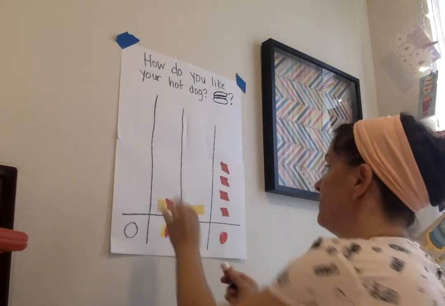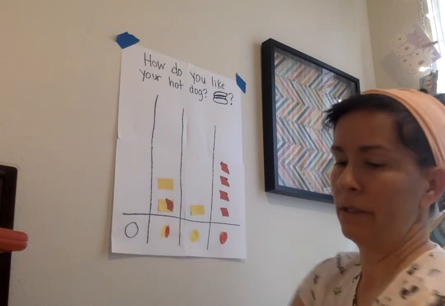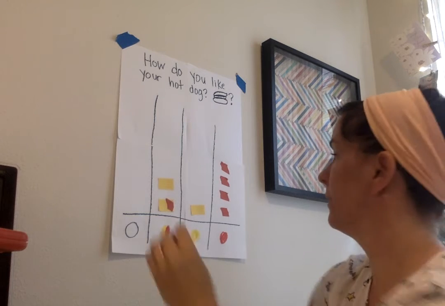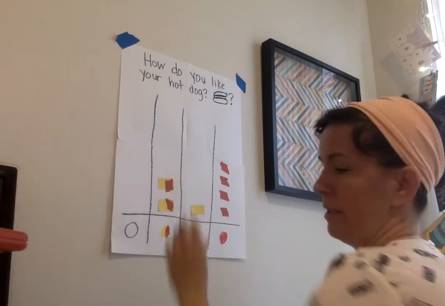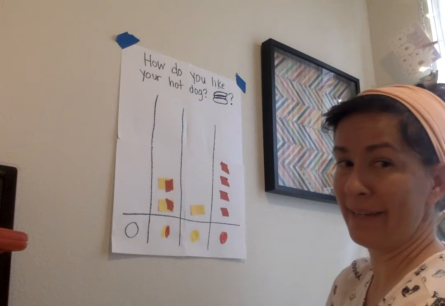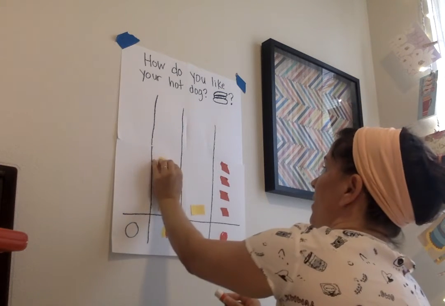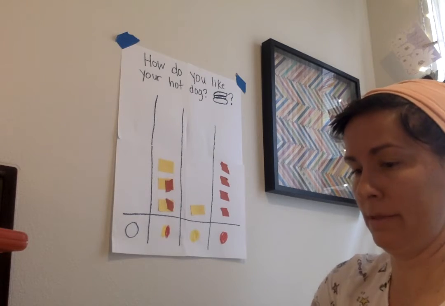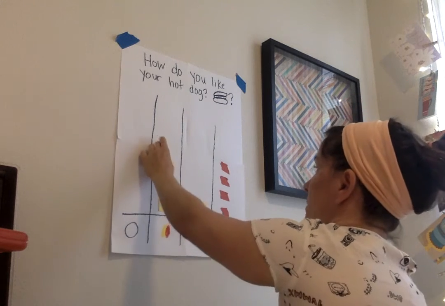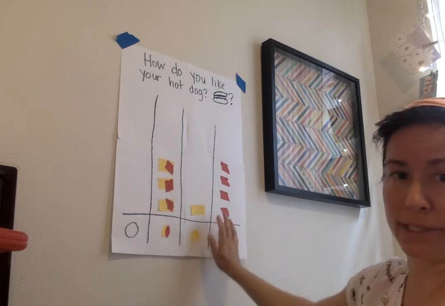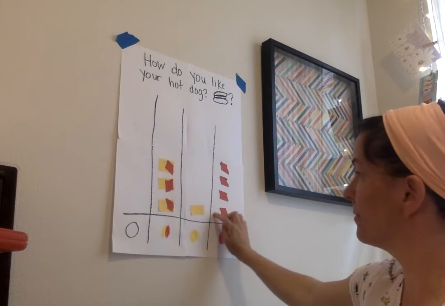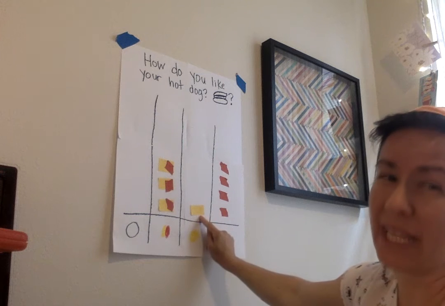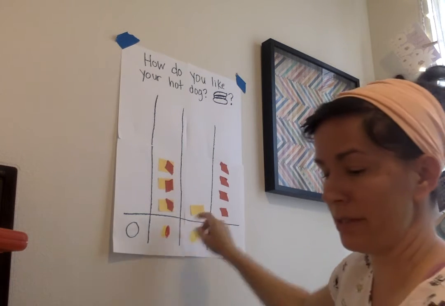So that's 1, 2, 1 more makes 3. Okay, so that's 1, 2, 3, but look, ketchup still has more, right? 1, 2, 3, 4. And mustard has the least amount of people that like just mustard.